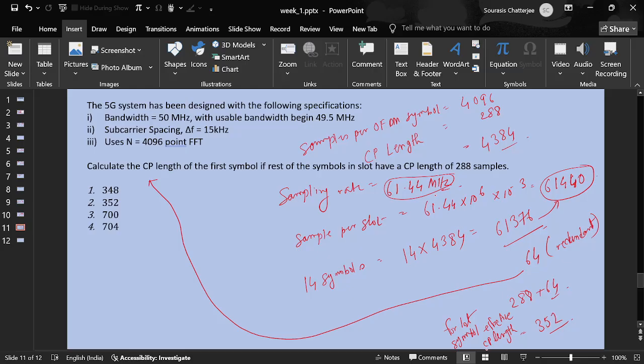So this is what is happening. I have a question. Whenever the UE receives an OFDM symbol, will this information be added to some header, or does it just keep track of whether it is the first symbol, and then remove 352 instead of 288 samples?